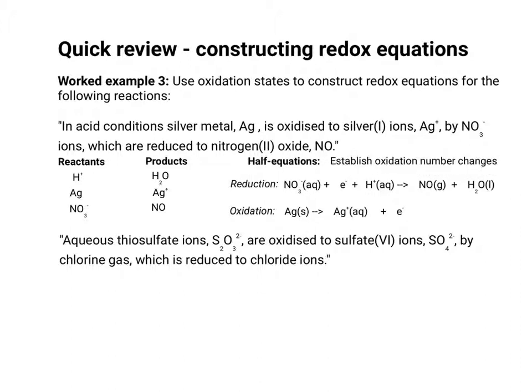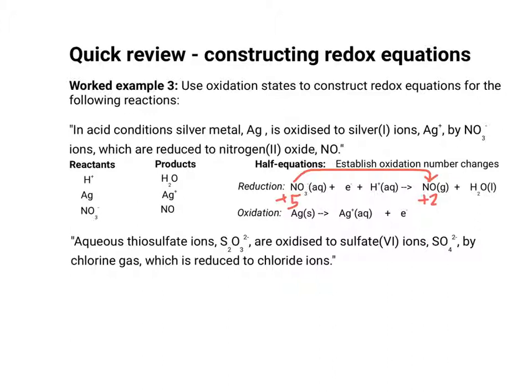So the first thing to do is to work out the oxidation number changes. If you look at the fact that nitrogen is +5 in NO3- and +2 in NO, that means it must have gained 3 electrons. So now we know that we've got 3 electrons that are needed. We've also got to balance the charges.